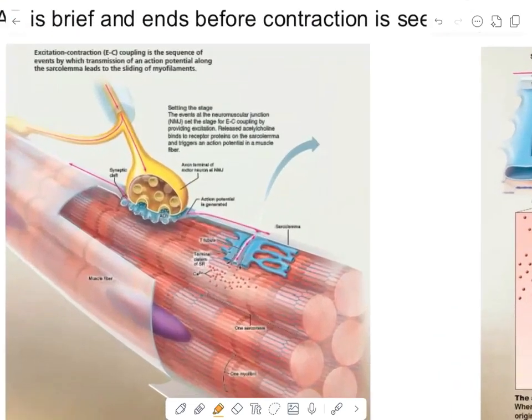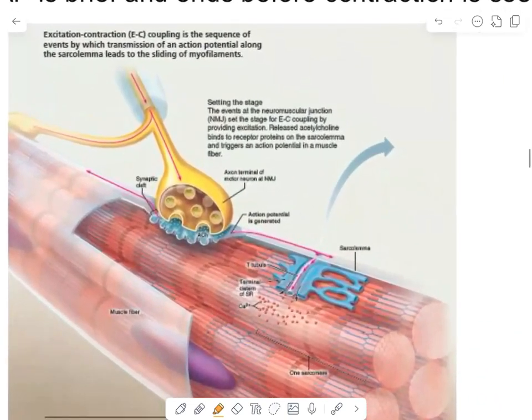So here's what we've kind of seen. Excitation contraction coupling is the sequence of events by which transmission of an action potential along the sarcolemma leads to the sliding of myofilaments. So we've discussed the events at the neuromuscular junction. Now, after the acetylcholine binds, there's a local potential, but that leads to an action potential generated.